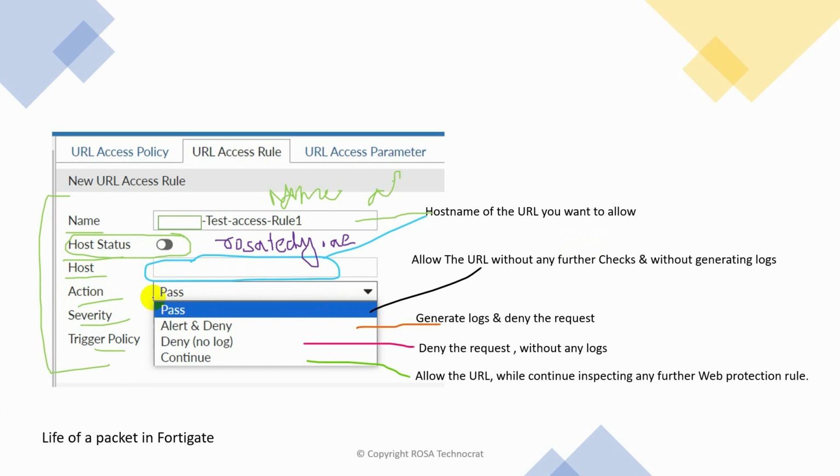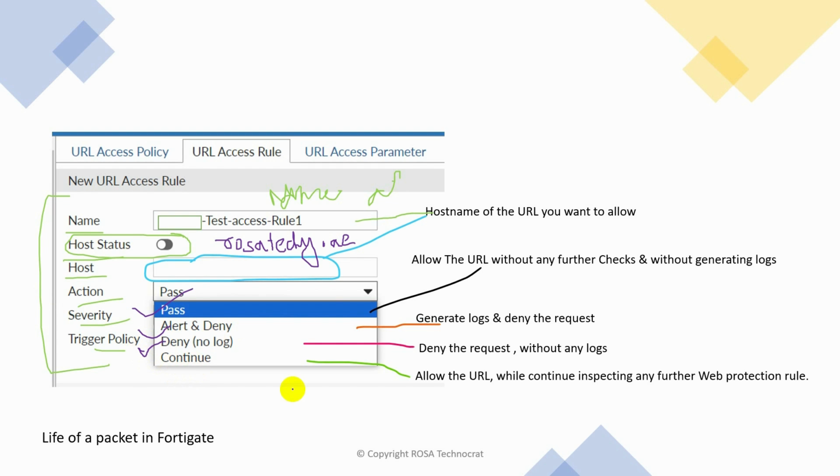That action can be pass, that means allow it; alert and deny, that means deny it and present a message that you are denied; deny but no log, that means just deny, and the user will not come to know anything, basically a reset packet is sent to the user.